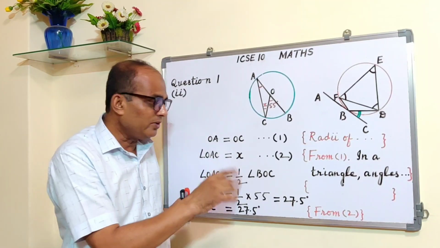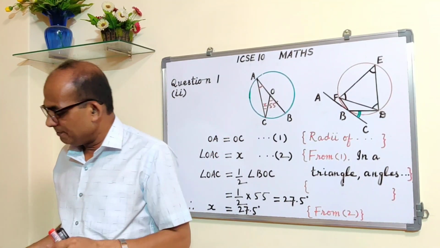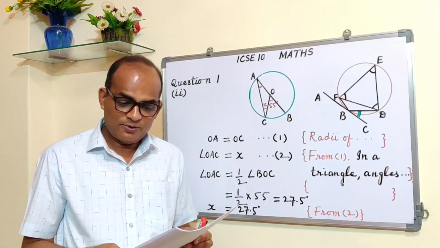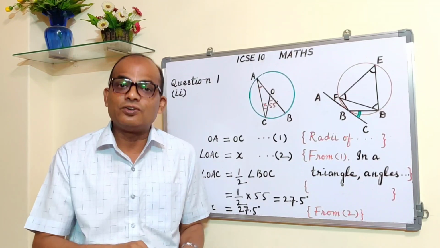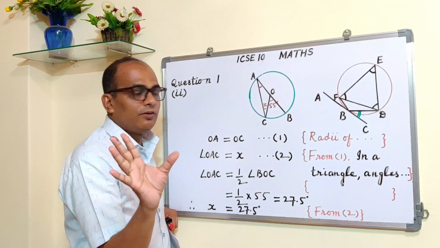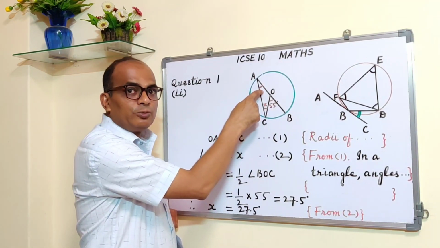Of course, in this question you don't have to show steps, because the question is, choose the correct answers to the questions from the given options. Do not copy the question, write the correct answer only. So as far as this question is concerned, directly you can do, see how. This angle is 55 degree, so half of this will be this 27.5 degree.